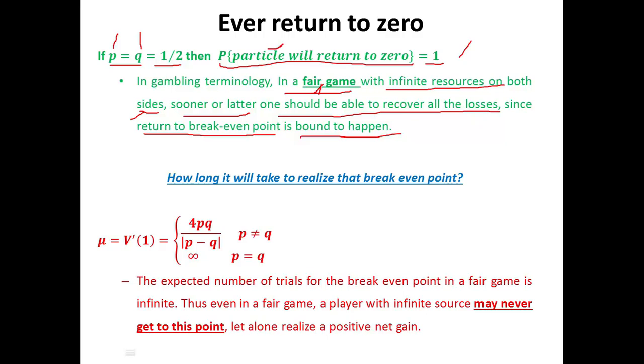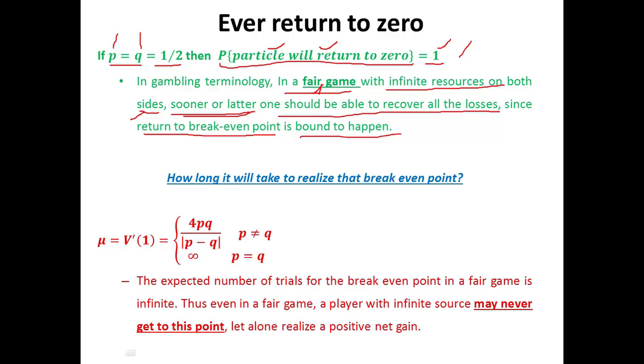The probability that the particle will return to 0 is equal to 1, which means sooner or later this probability has to be 1, and the particle returning to 0 means if initially he has lost, then he is going to recover all those losses.